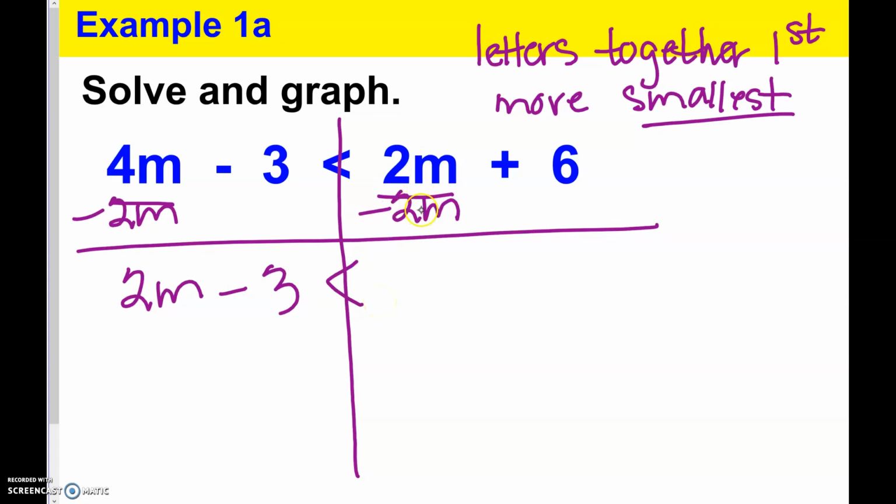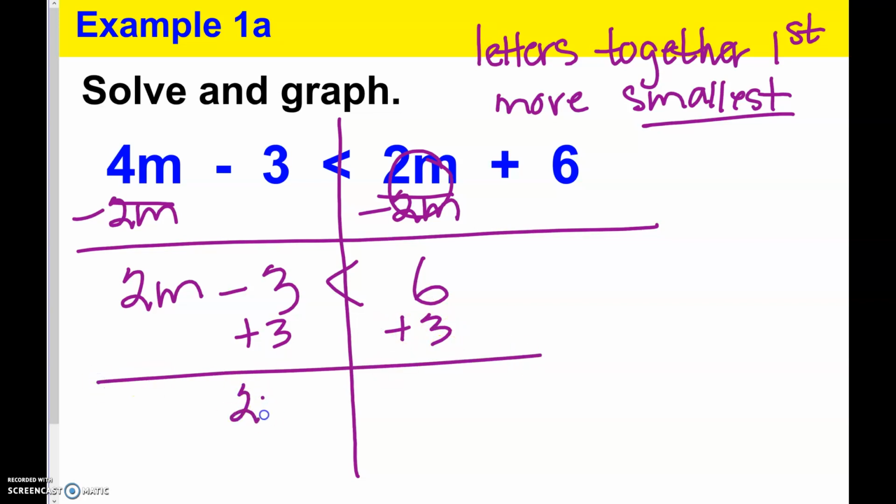And now 2M minus 2M, those cancel out, and we have a 6. So now we're going to have to get this 2M all by itself. So I'm going to add 3 to both sides. And when we do that, we have 2M is less than, because all we did was add, and 6 plus 3 is 9.